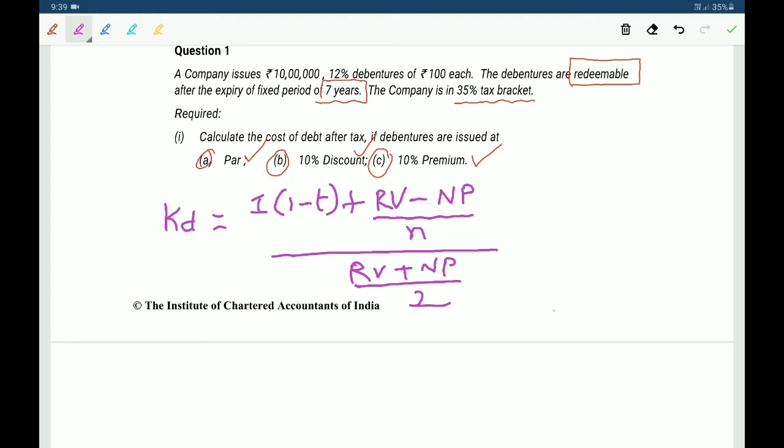So this is the cost of debt for redeemable debentures. Here I means interest rate. Interest how much? 12% on 100 rupees.